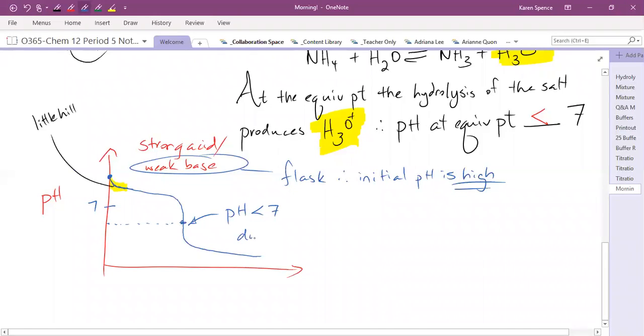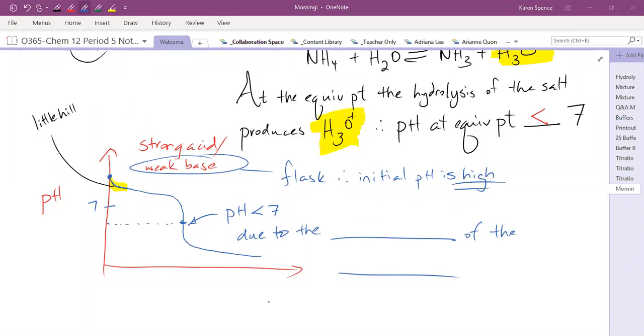And that is due to the what of the what? Why is our pH less than 7 at the equivalence point?